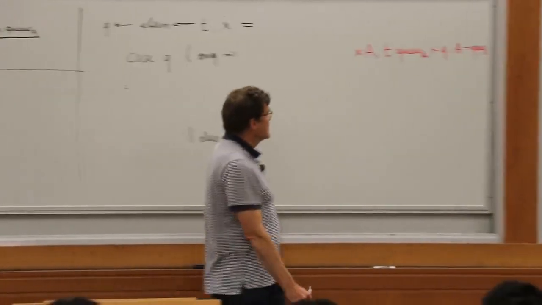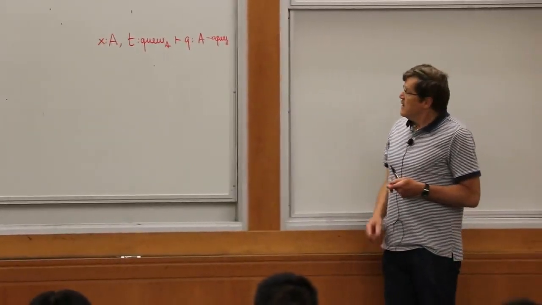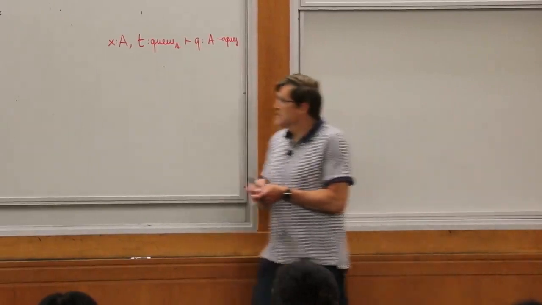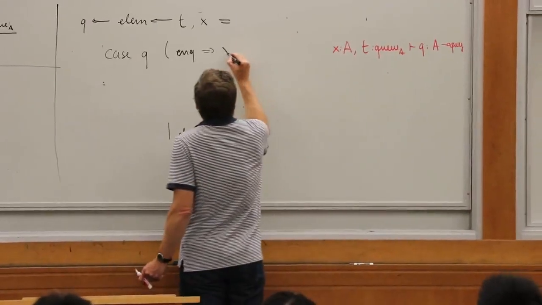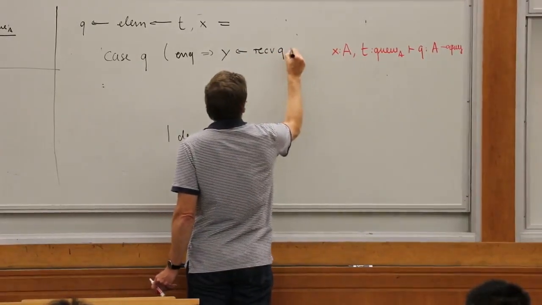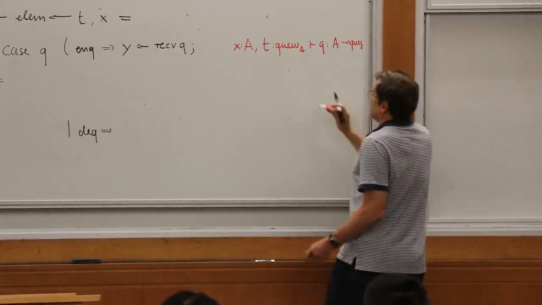So what's the next thing that we do here? We could receive the A. That would make sense. So we say Y is what we receive along Q. And now what is the type after that?